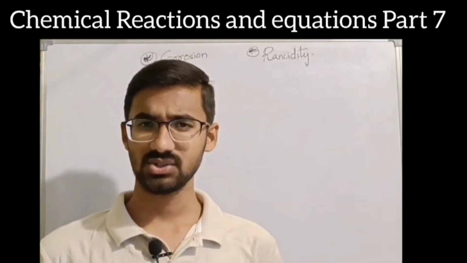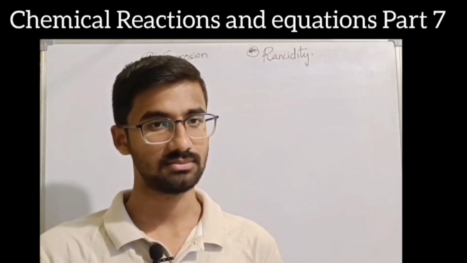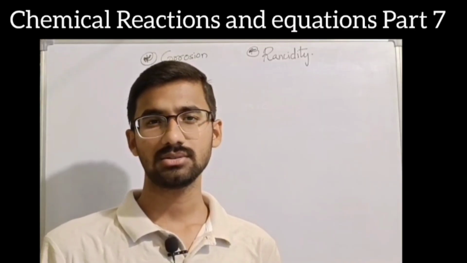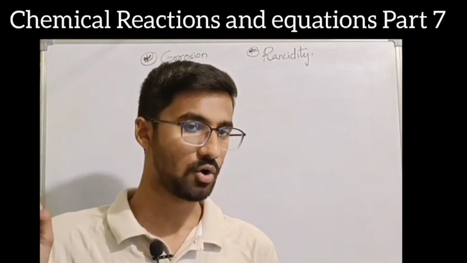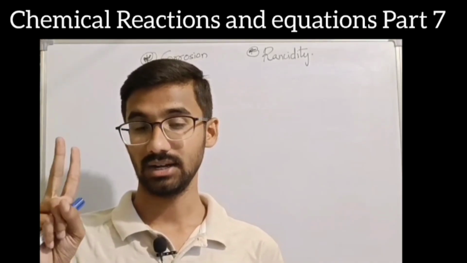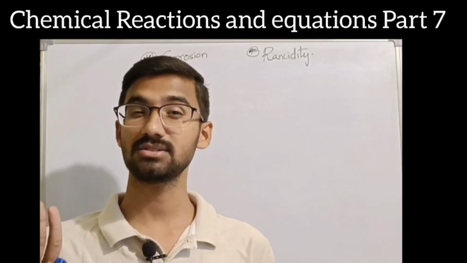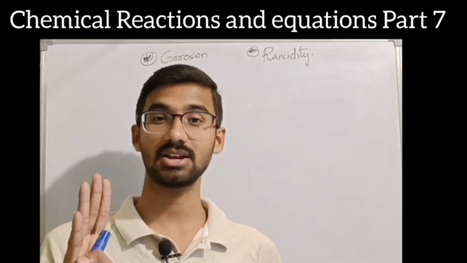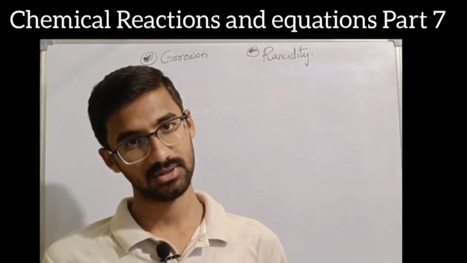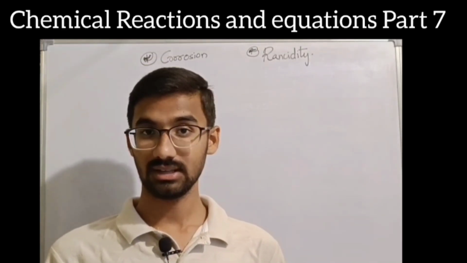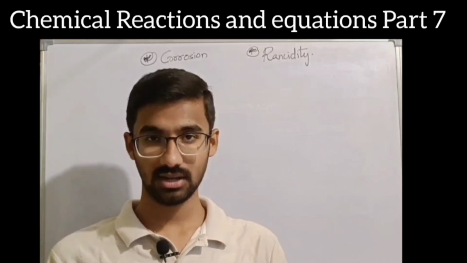So in the previous session we have completed the types of reaction. We should remember all those types of chemical reaction: combination reaction, decomposition reaction, displacement reaction, double displacement reaction, exothermic reaction, endothermic reaction, oxidation, reduction, redox reaction.